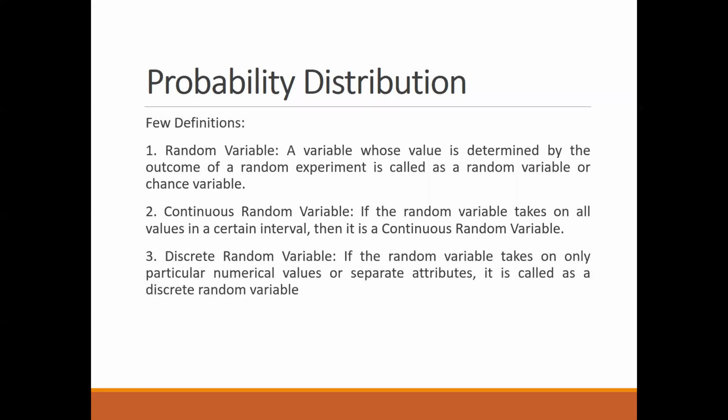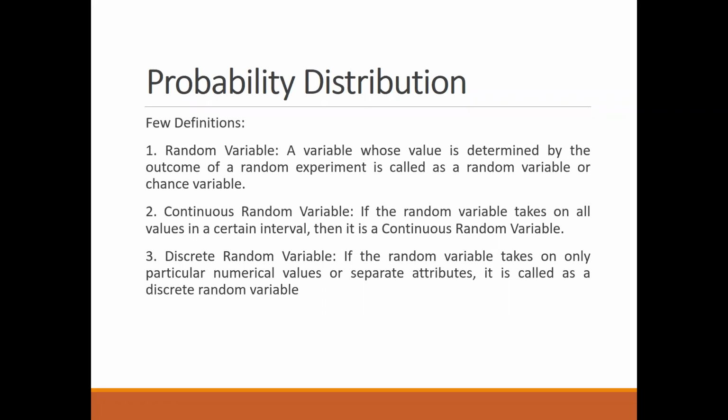Okay. So, for example, even weight can be considered as a continuous random variable. And the third one is your discrete random variable. Okay, if a random variable takes on only particular numerical values. Particular numerical values can be simple integer values, like 0, 1, 2, 3, 4, and so on. These are your numerical values. Okay, it is said to be a discrete random variable.